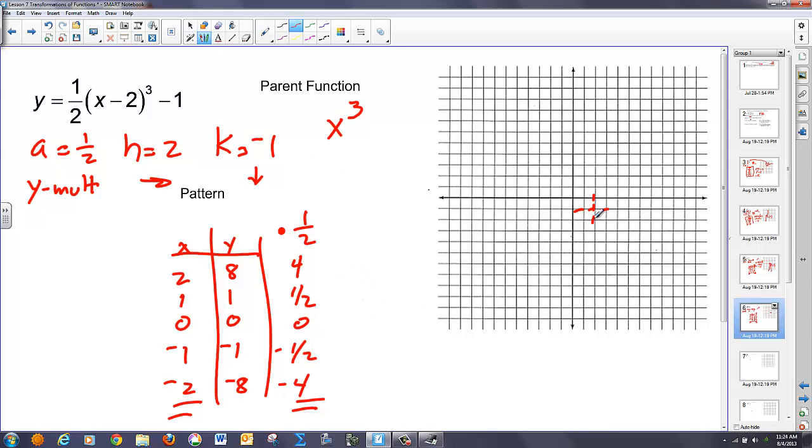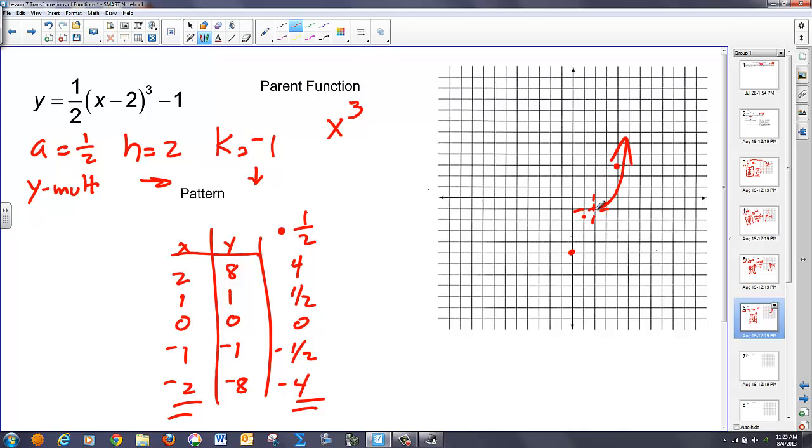So I'm going to go over 2 and up 4, over 1 and up a half, back 1 and down a half, and over 2 and down 1, 2, 3, 4. All from that new origin translation.